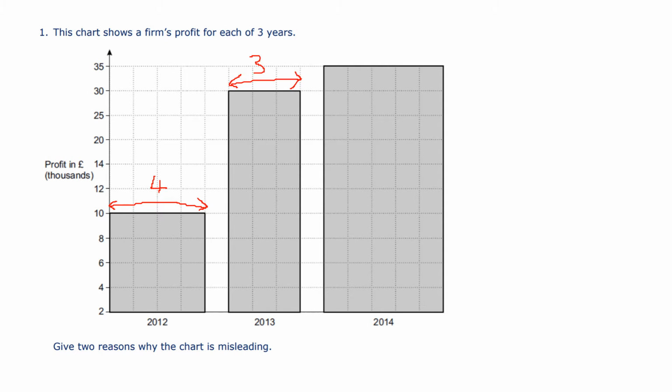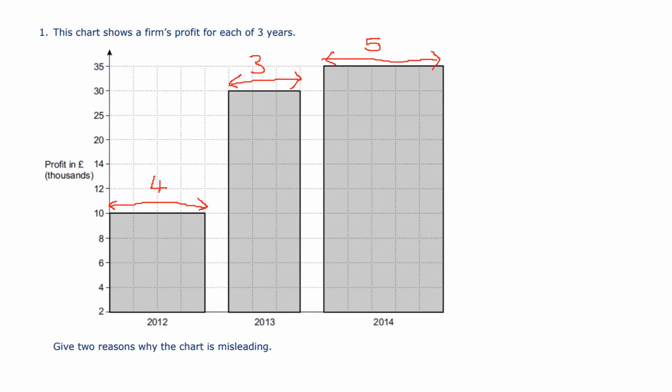This bar is 3 squares across, and the bar on the end is 5 squares across. So we can't be sure that this first bar actually represents £10,000. It might represent something else because the bar is wider. This second bar might not represent 30, it might represent something else because the bars are different widths. So on a bar chart, you need to remember that all of the bars need to be the same width.